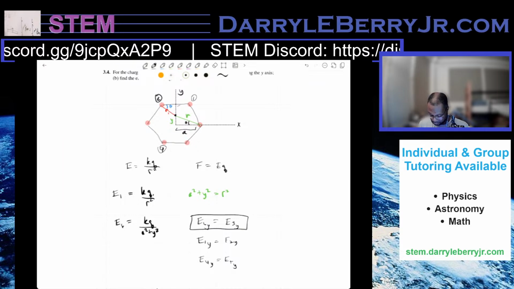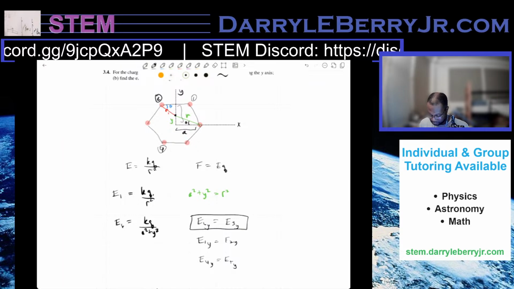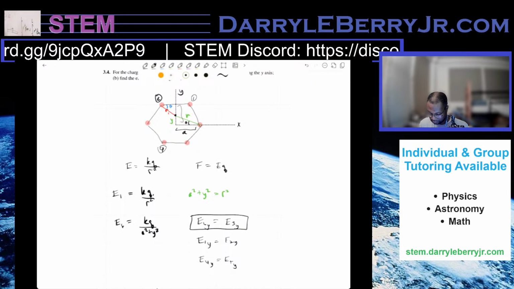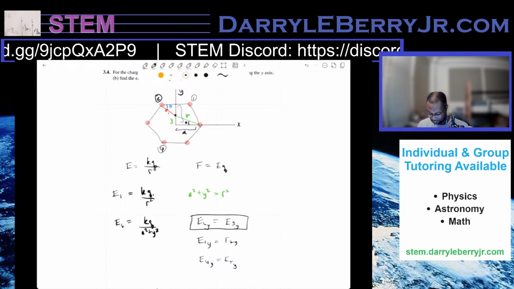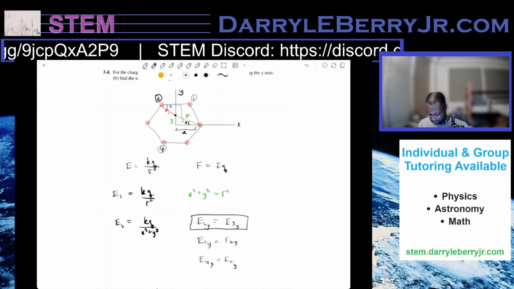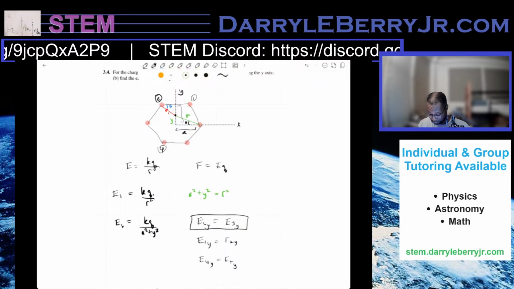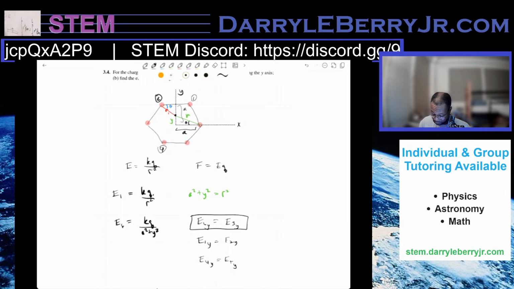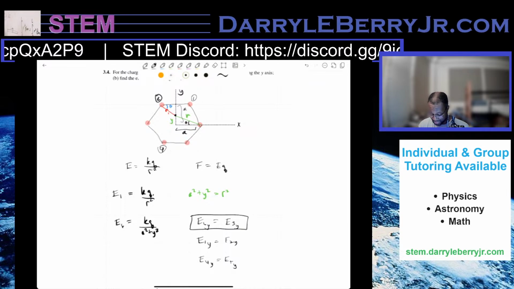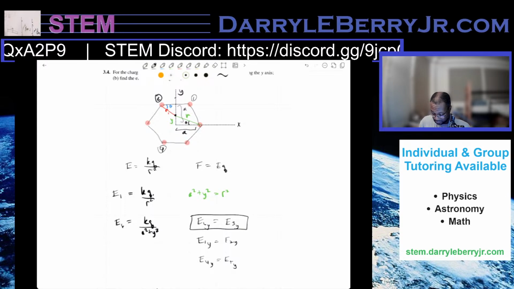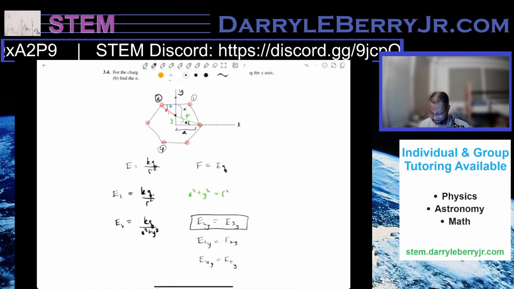For this one, the distance would be a minus y, or y minus a. The whole thing right there is a. I subtract y, and that's my value. So if it was here, we'll have a.